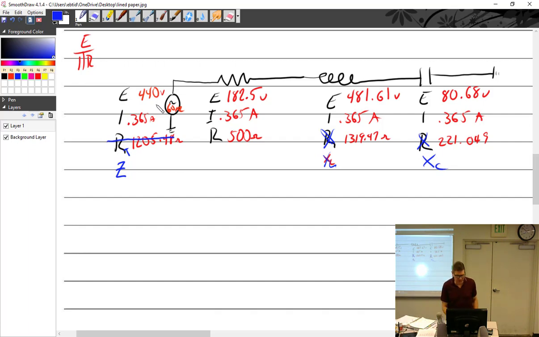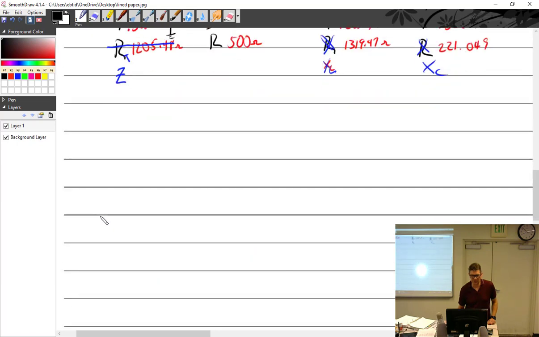So next thing we want to do is do our powers. So solve for power. What number am I on here? 6. Okay, the sixth thing was solve for E total, E of R, E of L, and E of C. So that's what we did there for 6. 7 is power.